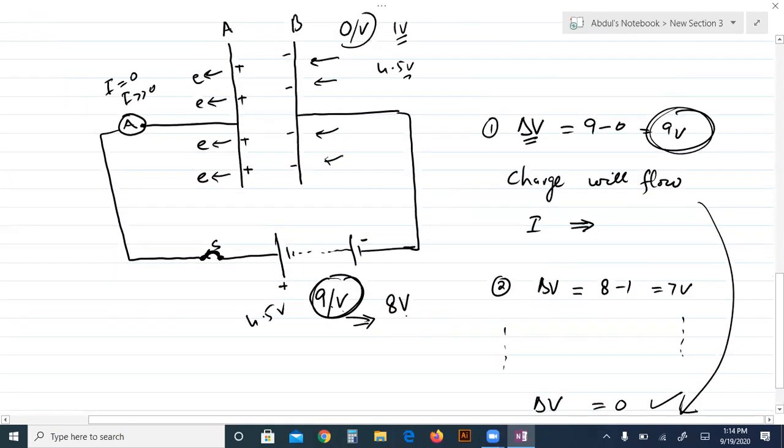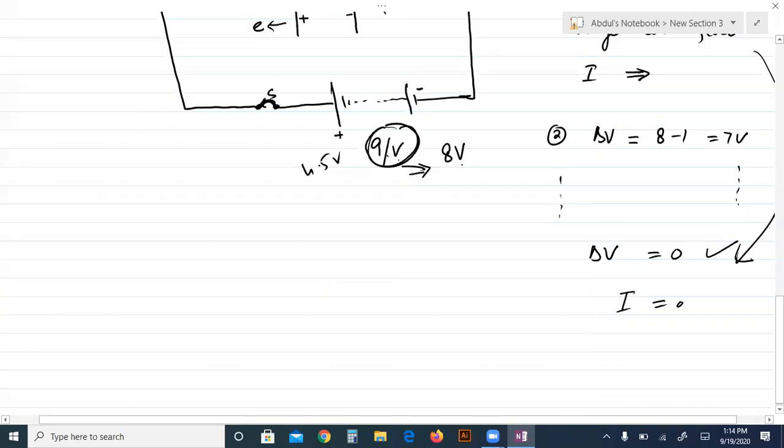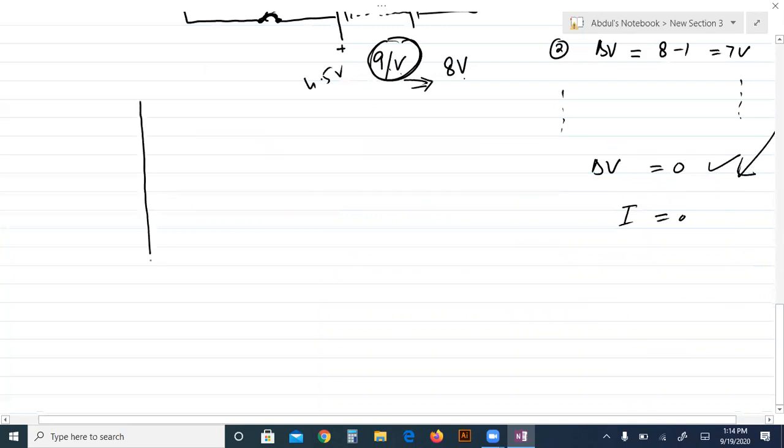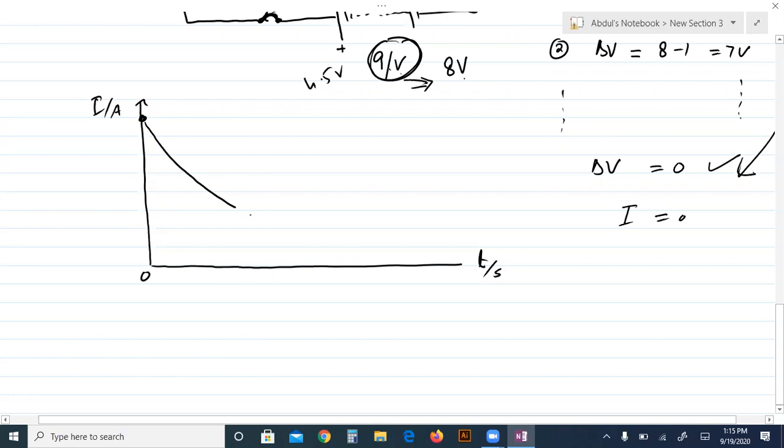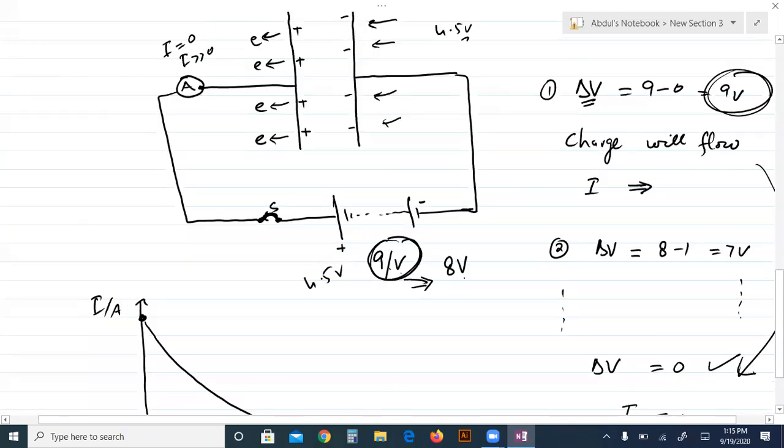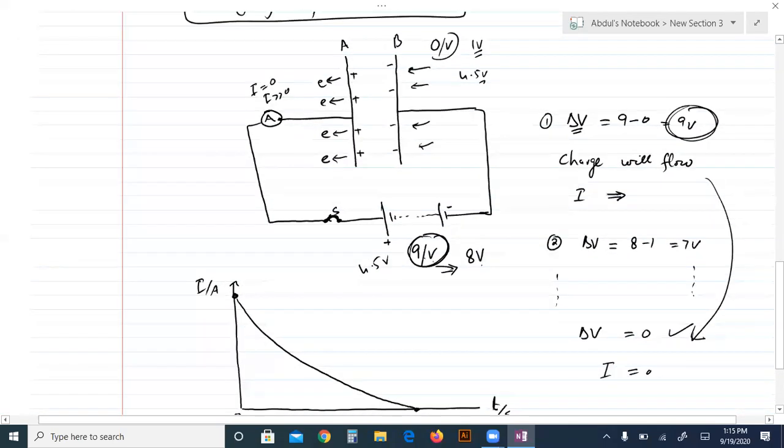So the reading of the ammeter during the charging of the capacitor will go like this. Time on the x-axis, current on the y-axis. Initially the maximum current gradually decreases and finally becomes 0. So when the current I becomes 0 after some time, this is the indication that your capacitor is fully charged.